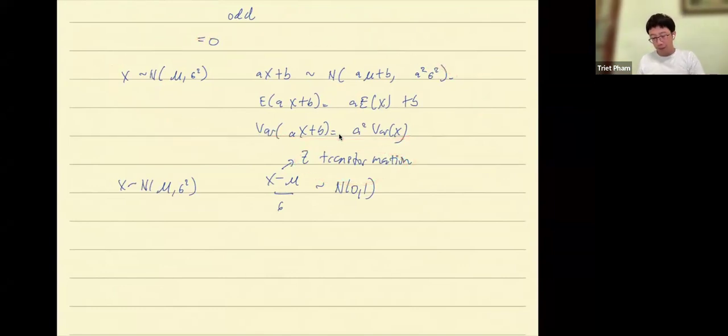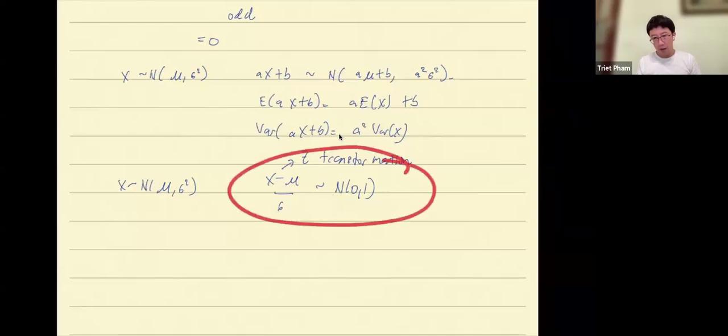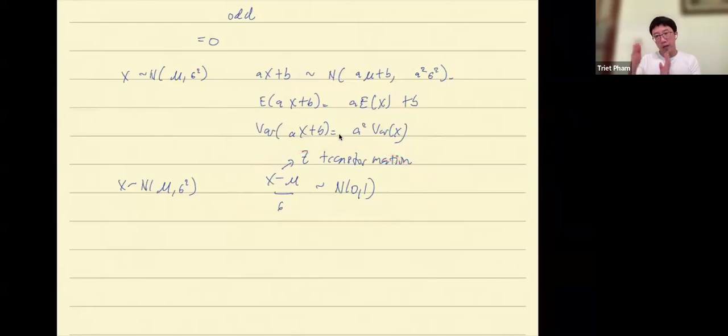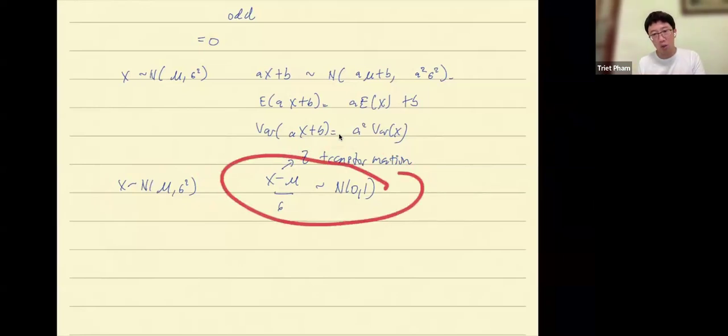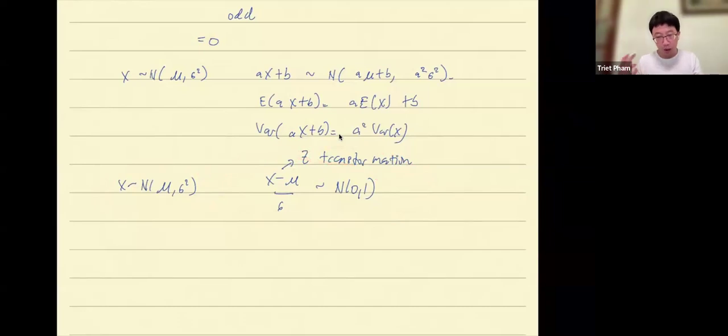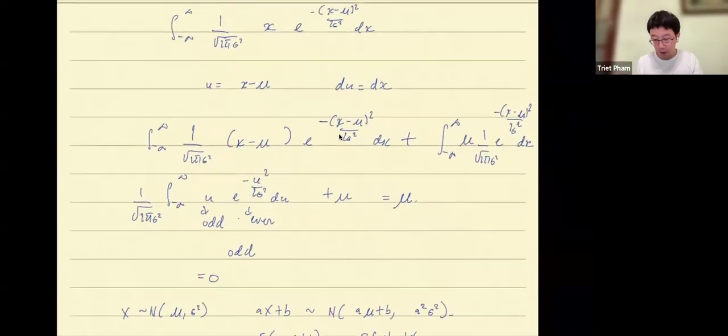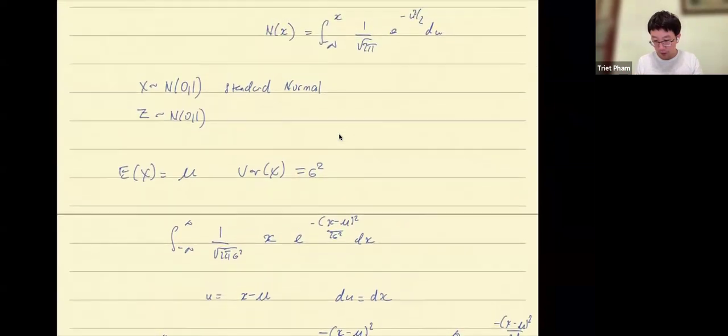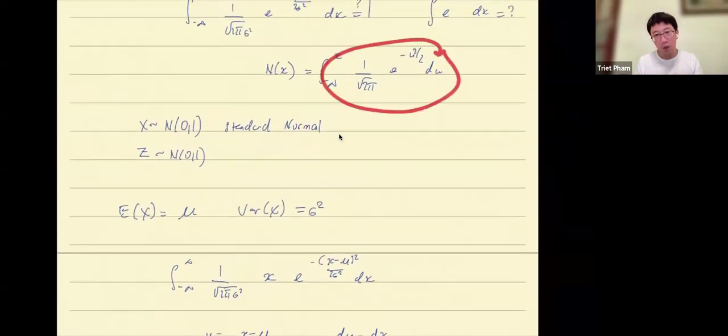So basically, when you have normal random variables, you can scale and do a location change and it still remains normal. So when you work with a normal, it's wise to think whether you can and should transform the normal into a standard normal, especially if you have to work with a PDF, because the PDF of a standard normal is much easier to work with.